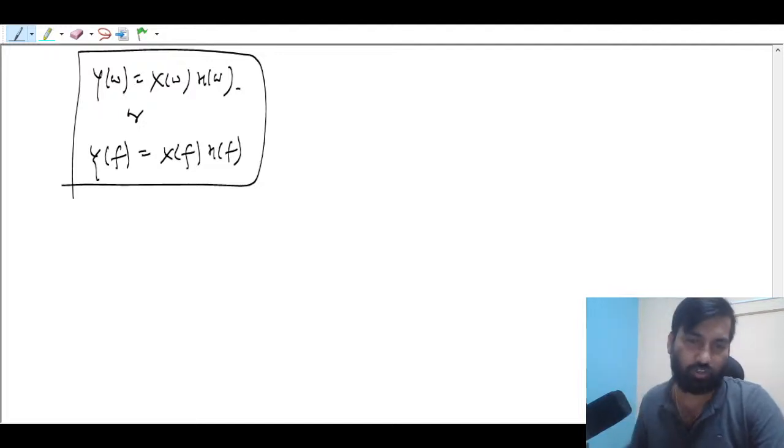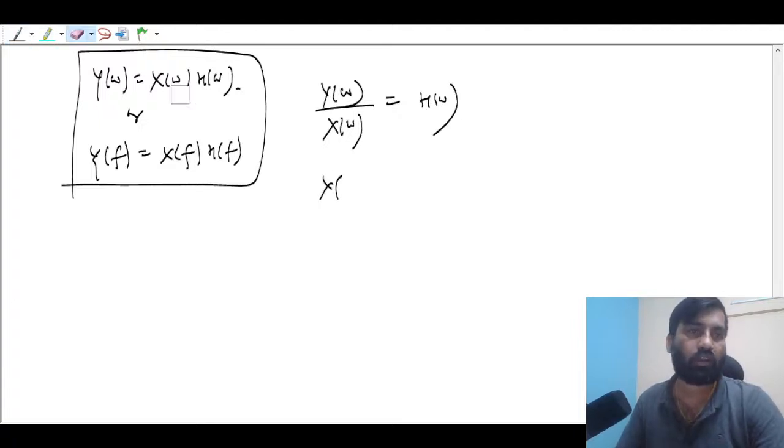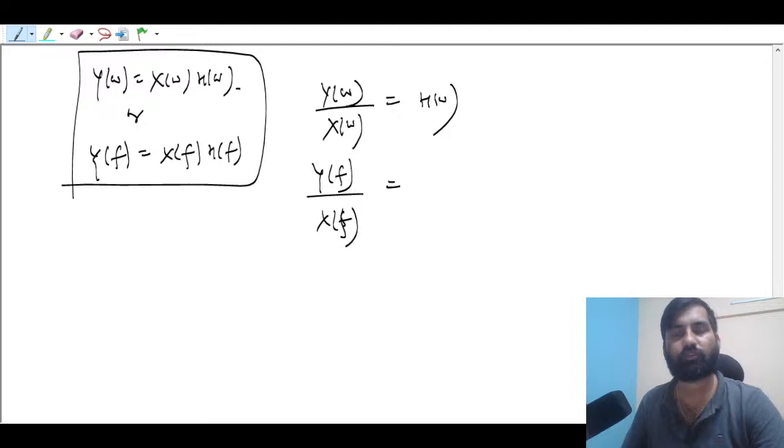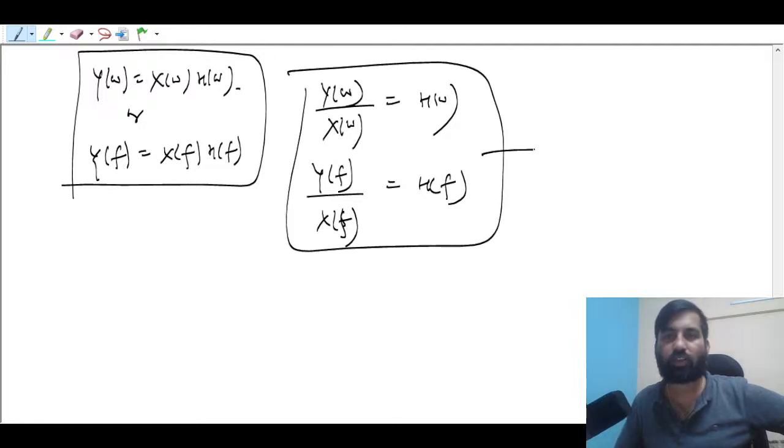This H(f) you write as Y(omega) upon X(omega), that is H(omega), or you can say Y(f) upon X(f): Fourier transform of output upon Fourier transform of input. So this is known as the transfer function. What do we call this?